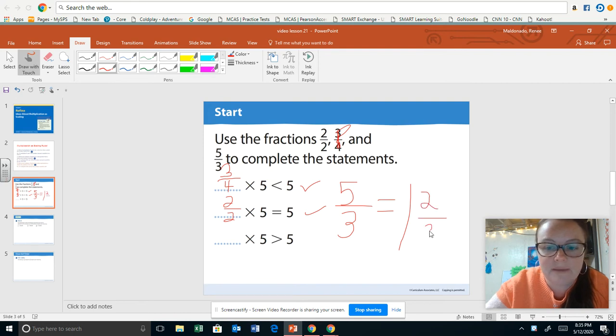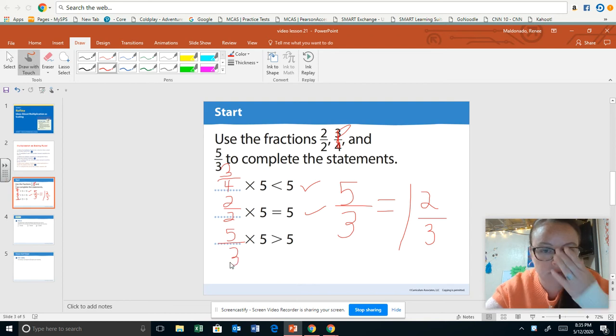You can also do that by taking out 3/3 as a whole, and you would have 2/3 left over. So I know it's more than a whole. So again, according to the scaling rules, if I multiply by a fraction greater than a whole, my product is going to go up. So it's going to be greater than 5 wholes. So that would go here.